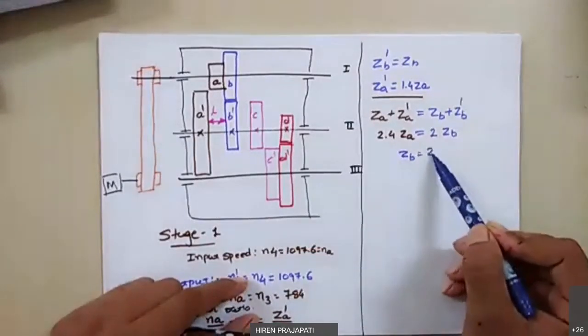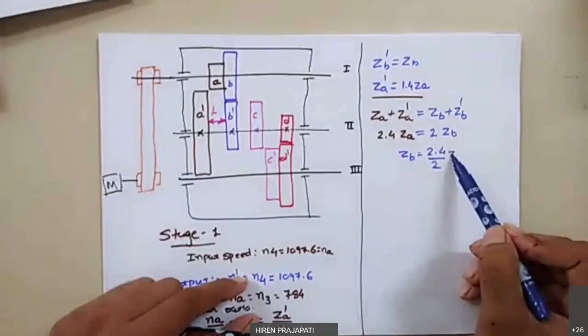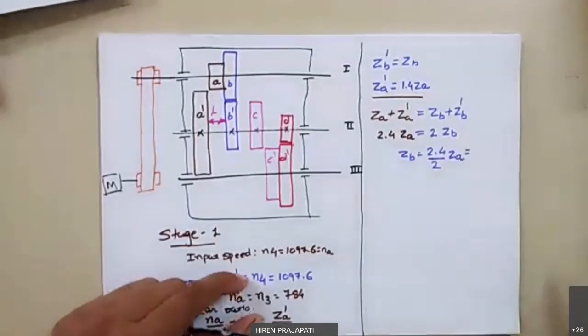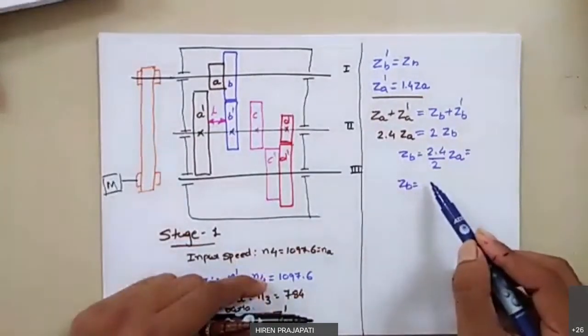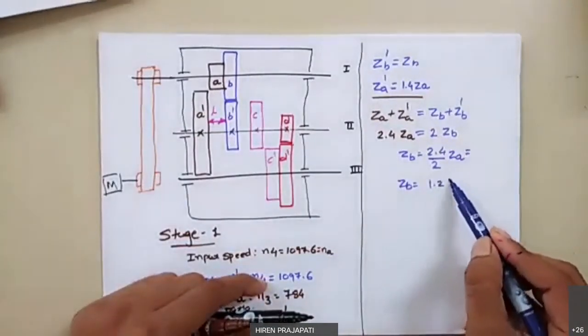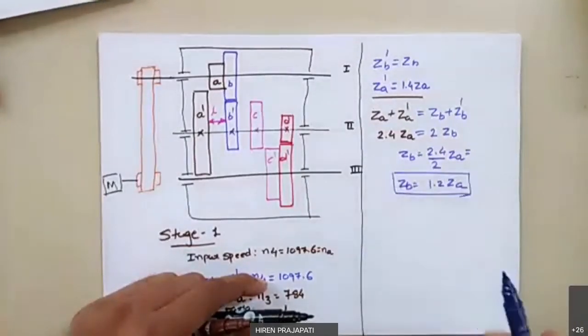So now we can say the equation of ZB is equal to 2.4 divided by 2 times ZA. Then finally we get ZB is equal to 1.2 ZA, right?